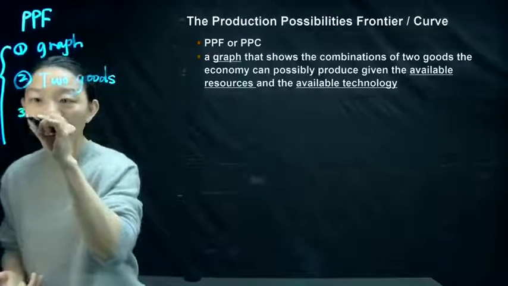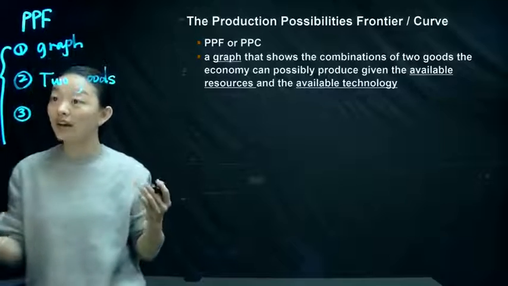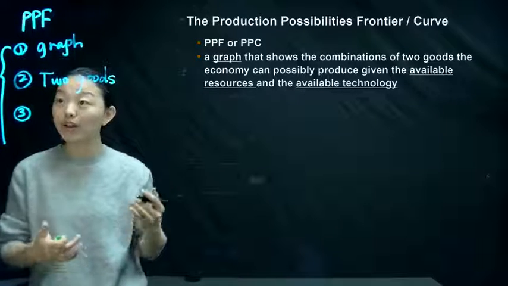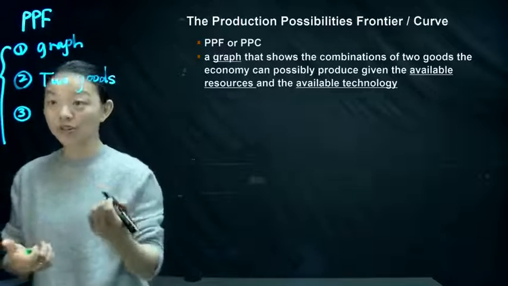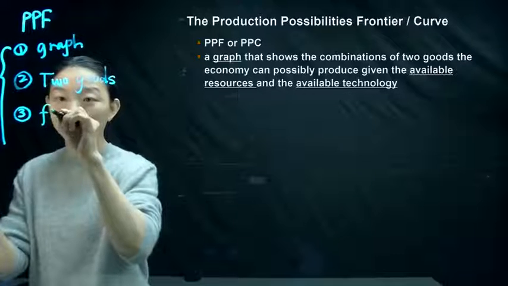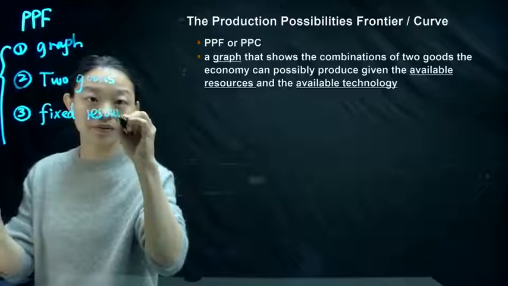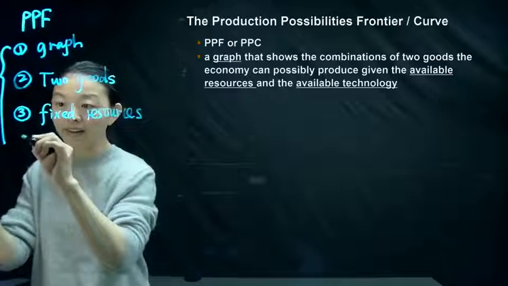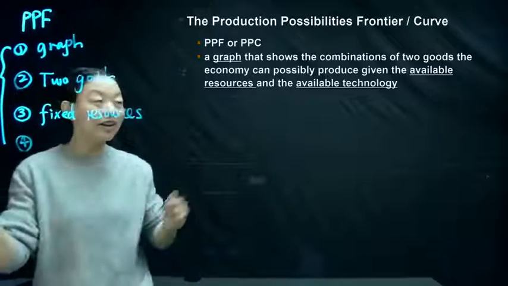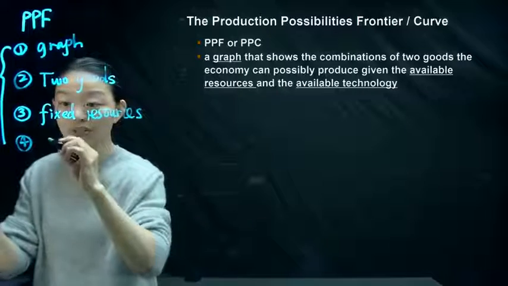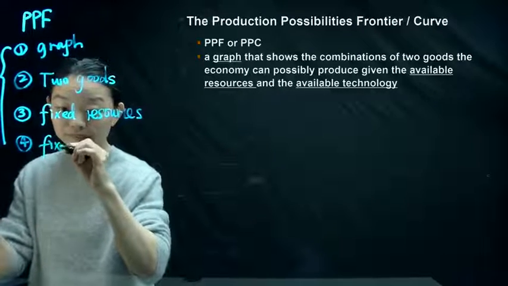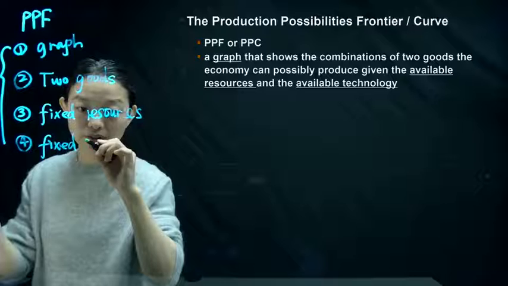Okay, and then it shows what one economy can produce based on the available resources. So we have fixed resources and the available technology. Okay, so we say we only have fixed technology.